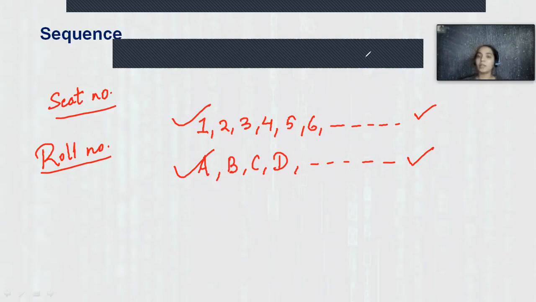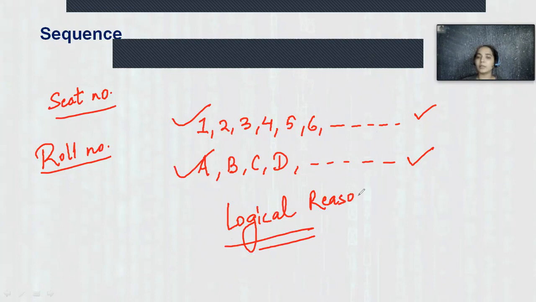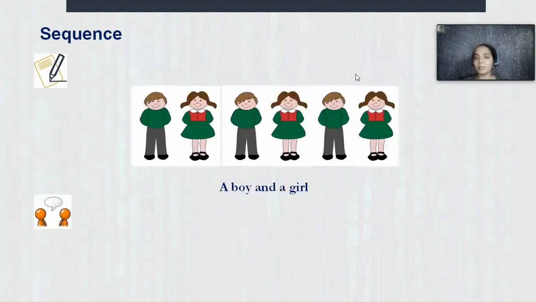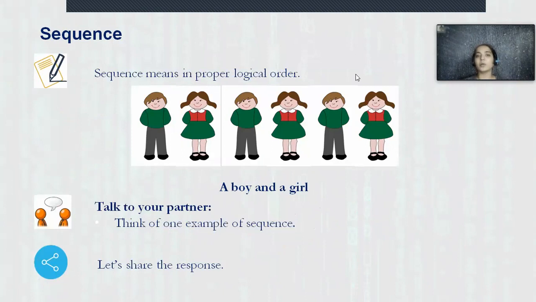If you see over here, there is a logical reason behind every single thing that we are going to work upon. So here we go. We should know what a sequence is. A sequence is something that works out with a proper logical order.